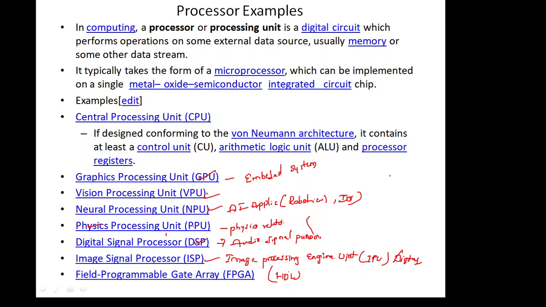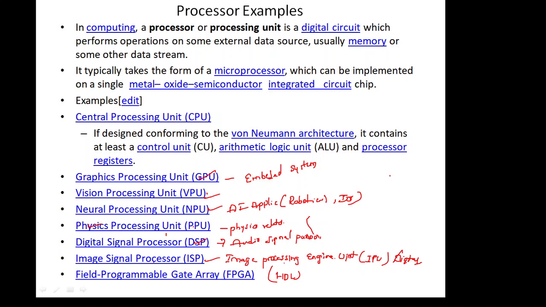Fine. So these are the different examples of processors. In order to have a brief idea, I have taken these examples. You will have many different examples, but these are some of the major versions or technologies used by the processor.